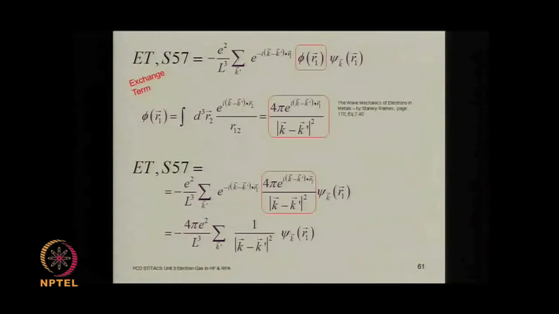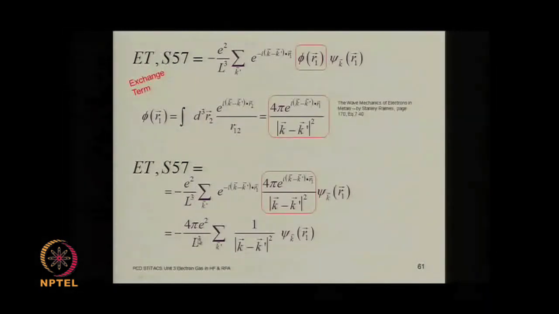So you have e to the power plus i(k minus k')·R1 here, and e to the power minus i(k minus k')·R1 here. They multiply each other to give you unity, and then you have a very simple compact relation.